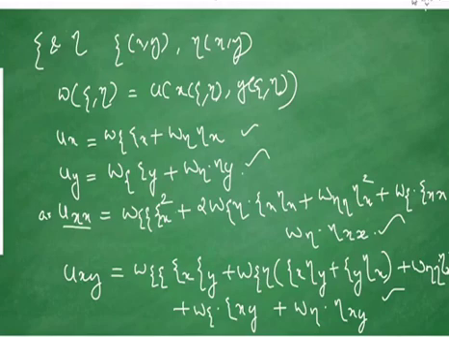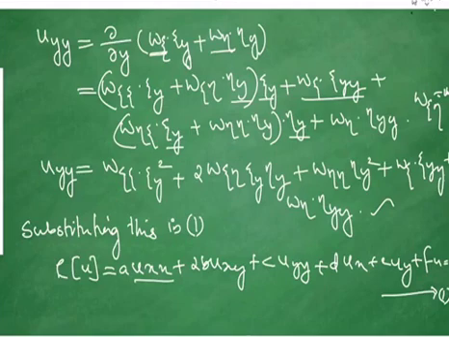x square. Okay, now in the second term it is 2b uxy. So the term containing w theta theta will be w theta theta into 2b theta x theta y. And in uyy there is a term w theta theta theta y square, so it will be c into theta y square w theta theta.